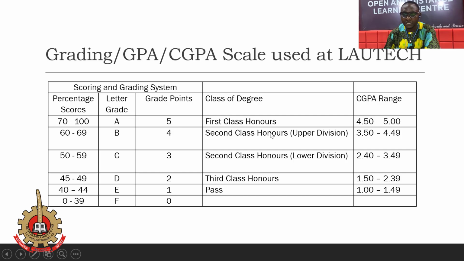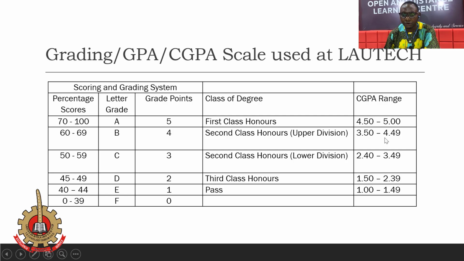Now, to my right, we have class of degree. So at every semester and every session, at every completed semester, your CGPA is going to tell you the class of degree that you belong to. For those that will be in first class, your CGPA must be between 4.50 to 5.0. For those that are in second class honours upper division, you must have your CGPA ranging between 3.50 to 4.49.